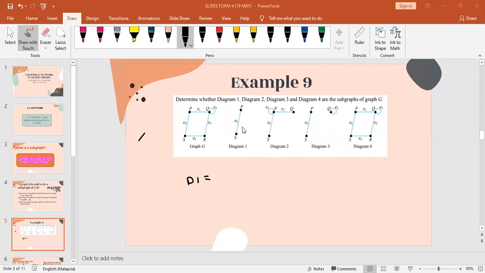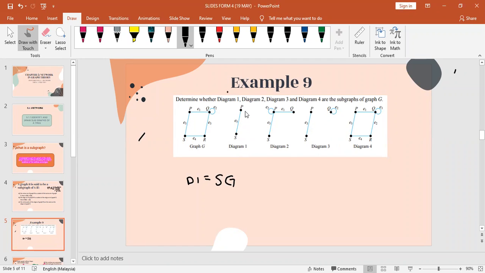Ada tak perbezaan antara diagram 1 dengan graf G? Maksudnya tadi kan maksud subgraph tu is part of the graph or whole graph yang kita redrawn back. So ni sama tak? Maybe part of the graph ke? Yes, part of the graph. So dia subgraph lah. Betul? Good. So diagram 1 is the subgraph of graph G.